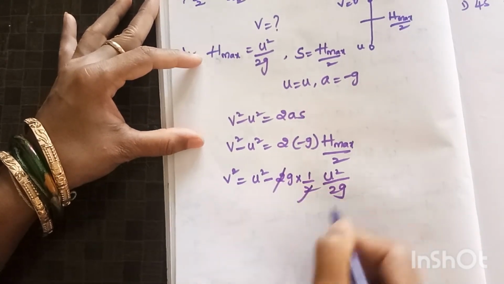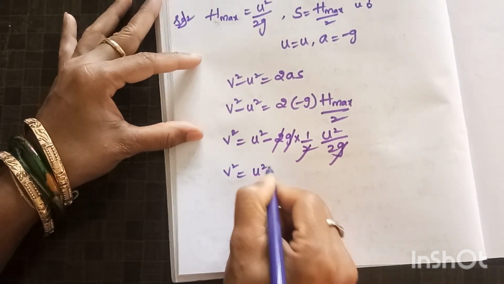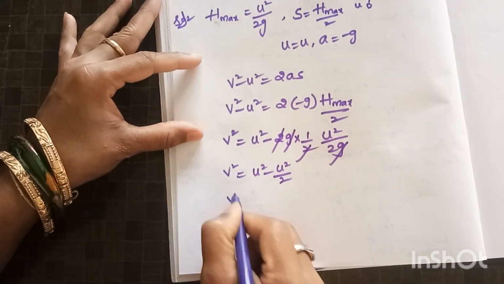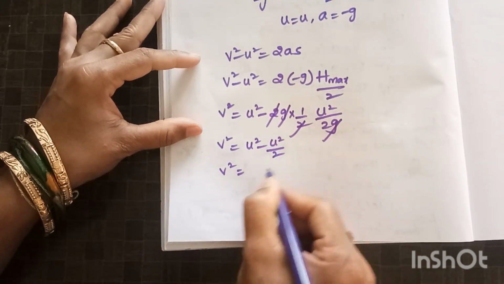The 2 will be cancelled, and g will be cancelled. What remains is U square minus U square by 2. So V square equals U square by 2.